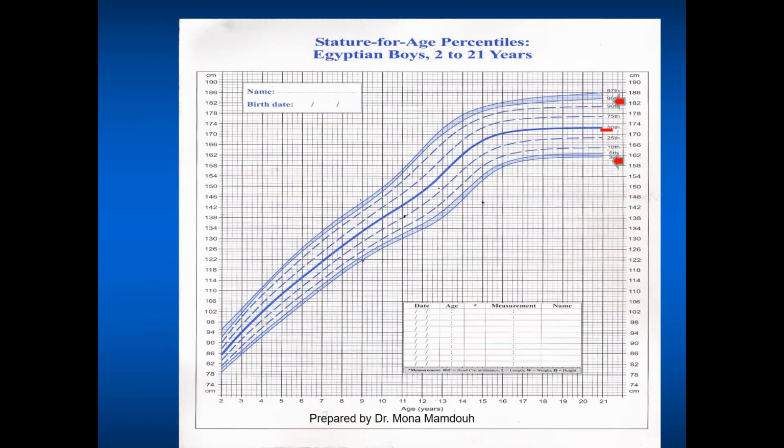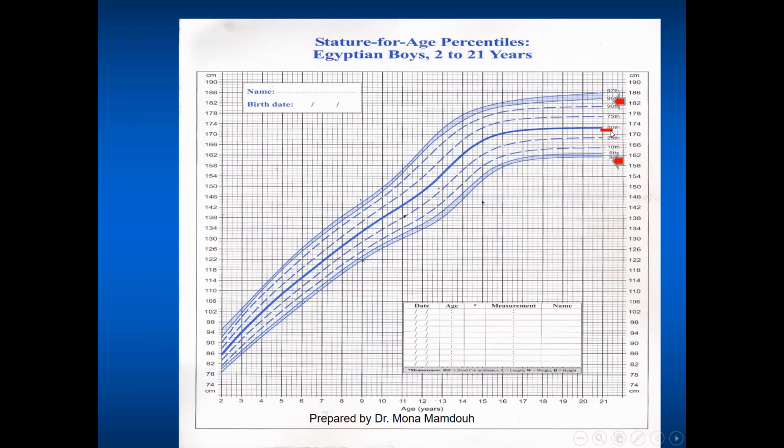Is he normal for his parents or the target centile range or not? We will go along this centile to see if it falls within the target centile range. Where is the target centile range?